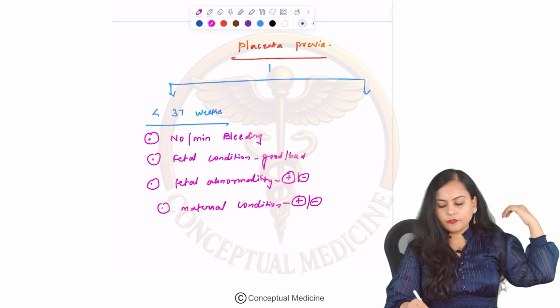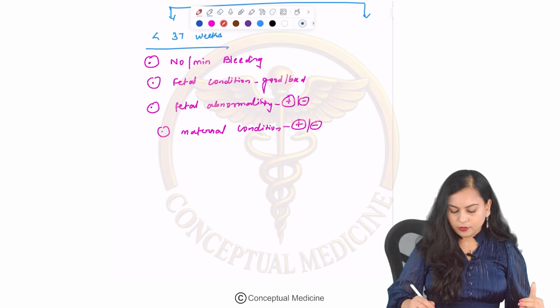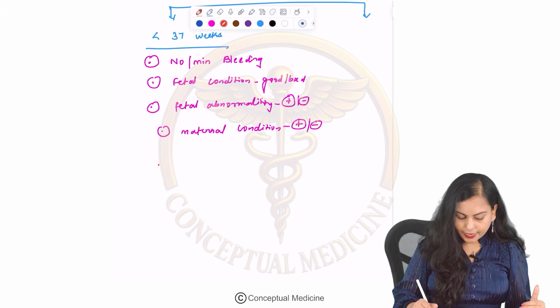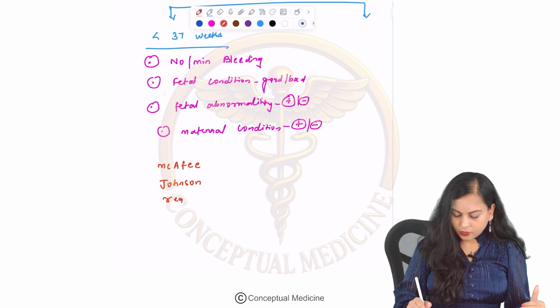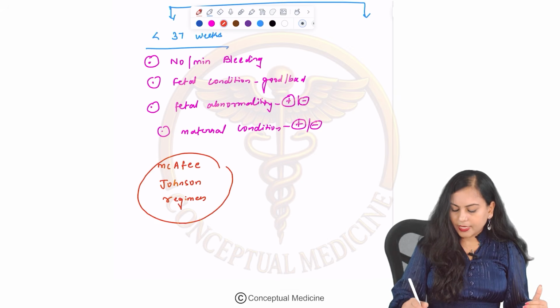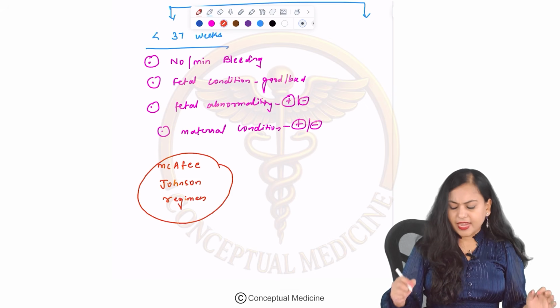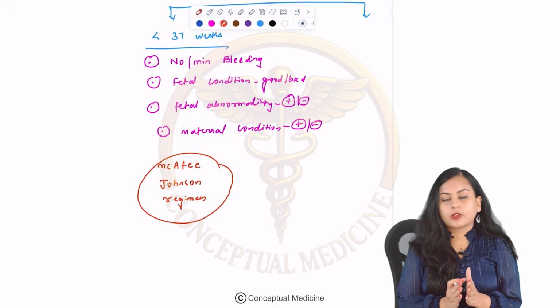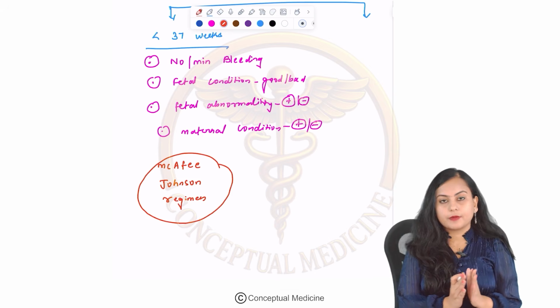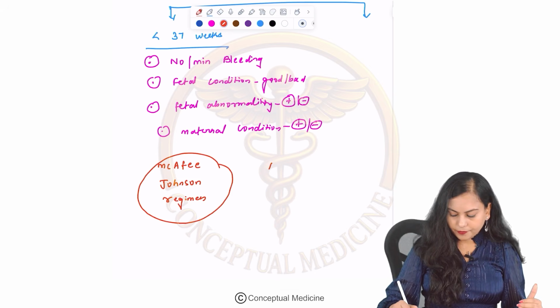If all four points are favorable, then we can go for the McAfee-Johnson regimen, which is the expectant regimen for placenta previa. Suppose any one is not favorable, then we will go for delivery immediately.